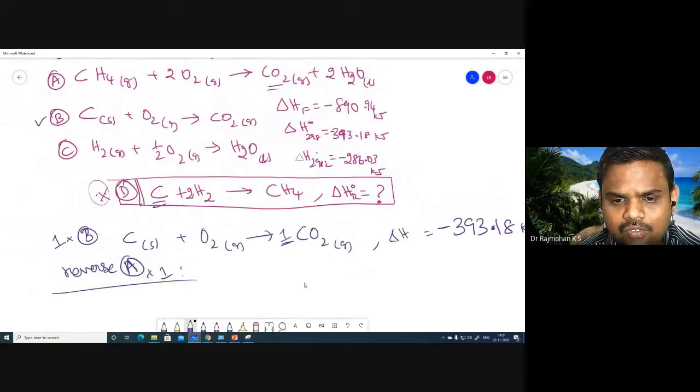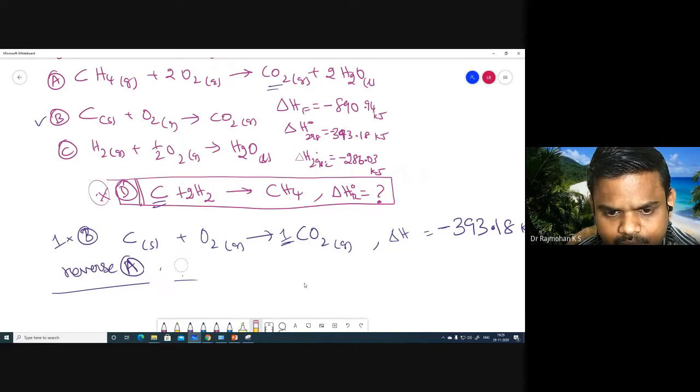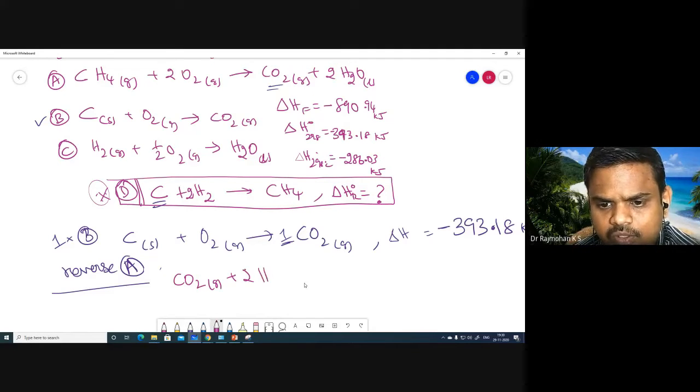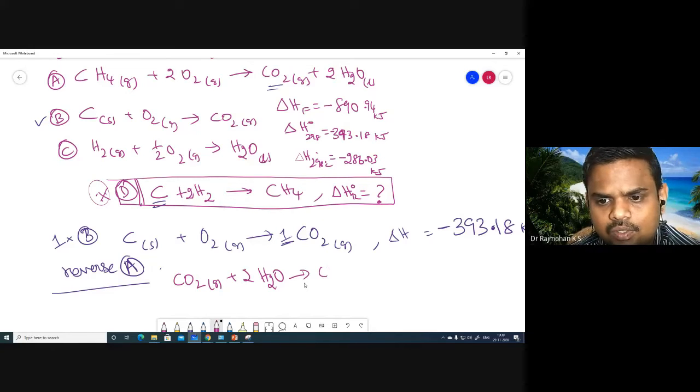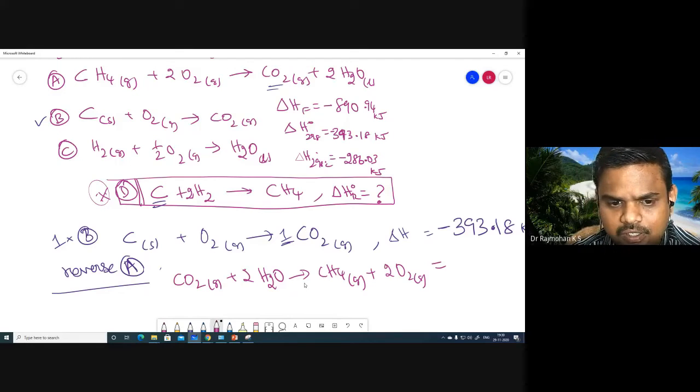Okay, so if I reverse this reaction, if we reverse A, what we get is CO2 gas plus 2H2O will give CH4 gas plus 2O2 gas. But we have reversed it. So what will happen to delta HR?